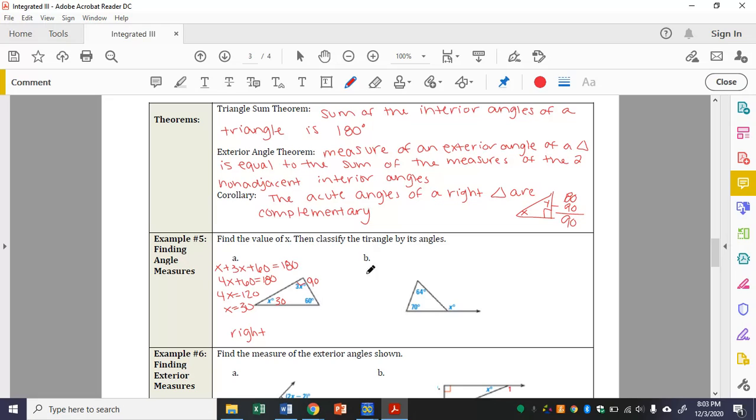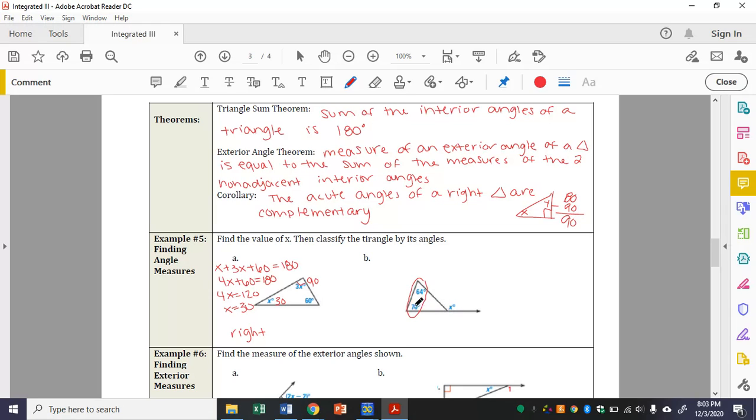Okay. And I had said B goes along with our exterior angle theorem. It says the measure of an exterior angle of a triangle, that would be this angle x, is equal to the sum of the measures of the two non-adjacent interior angles. So we're looking at these two angles here. These are inside my triangle, so they are interior, and they're not adjacent to this exterior angle.